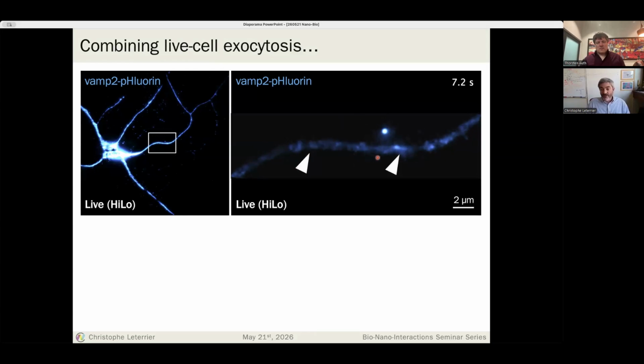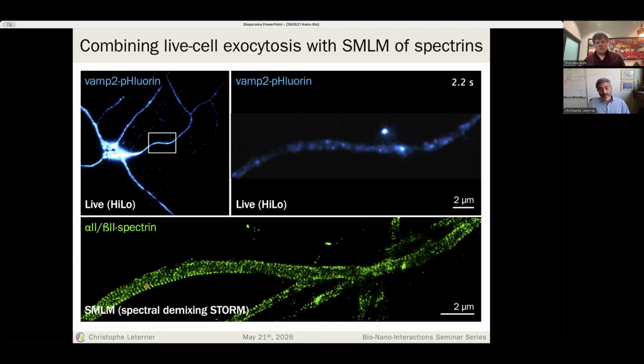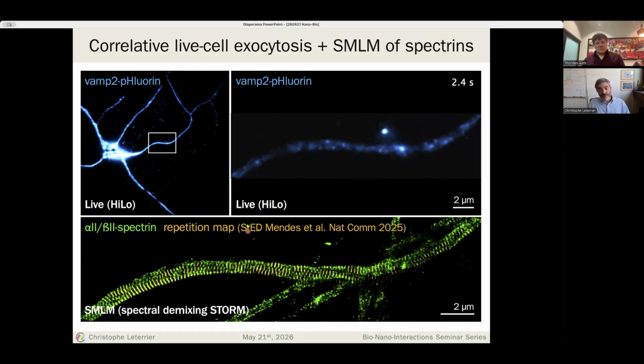You have the live cell imaging movie that gives you here 2 examples of flashes of exocytosis along this axon. Then after fixation, she does a spectrin staining of the same axon segment, and you see the periodicity of the spectrin. To see it better, we teamed up with Ricardo Henriques in Lisbon, who is developing a lot of image processing approaches. He developed something called SHRED that allows us to see exactly where the spectrin is and where it is periodic.